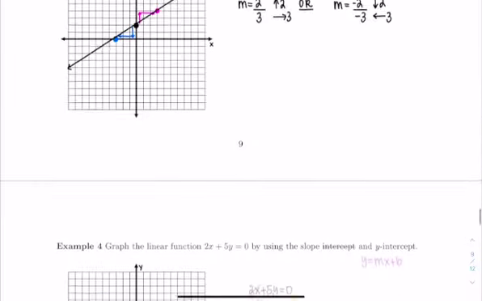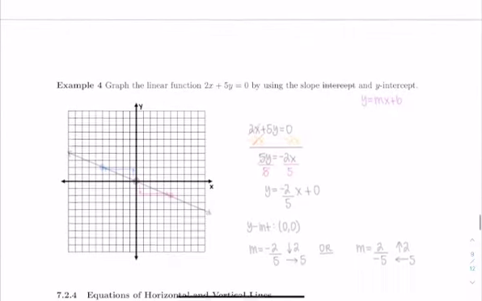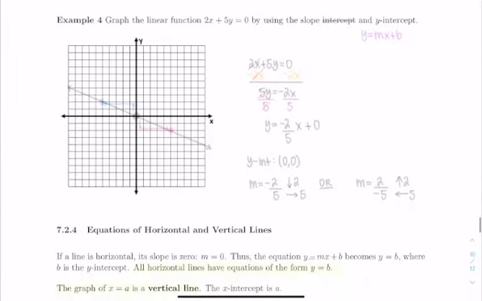Let's go ahead and try another one. For example number 4, we want to graph using the slope and the y-intercept. And so we need to turn it into that form first.